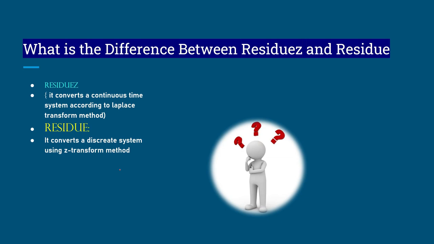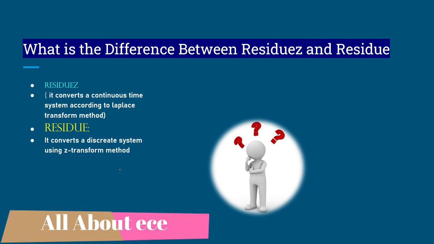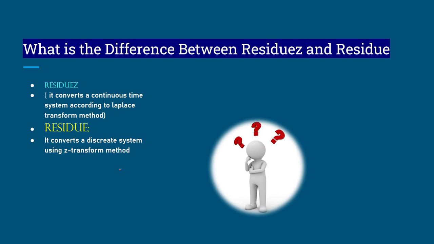It means that if you put residue, it is taken as discrete time signals. If you put residuez, then it is going to be treated as a continuous system. Then according to that continuous system, it changes the equation using the Laplace transform method. If you perform residue, then it is going to be evaluated in a discrete manner using the Z transform method.